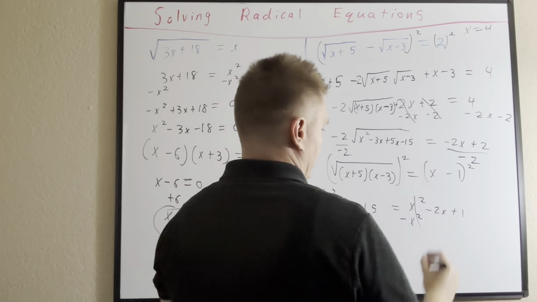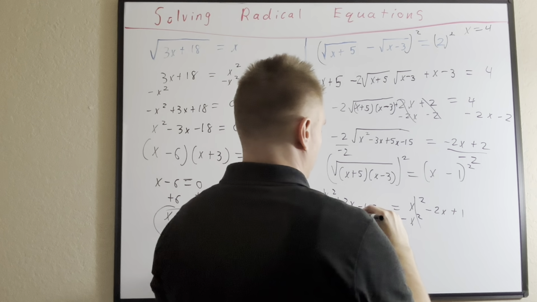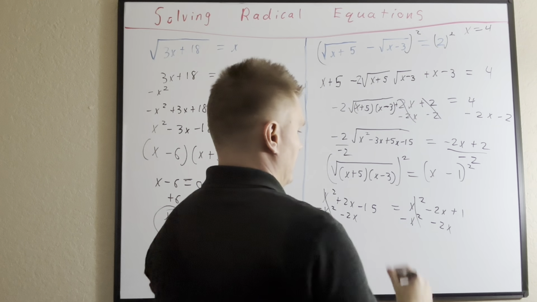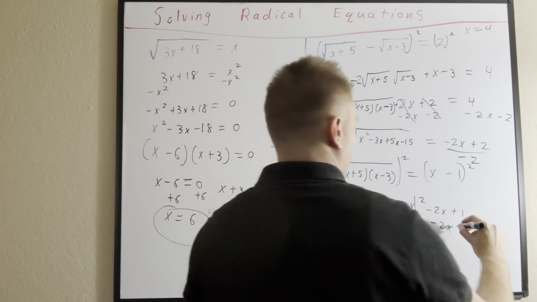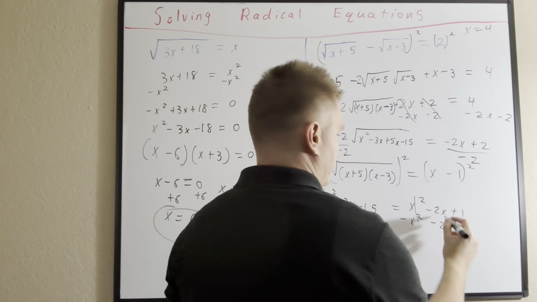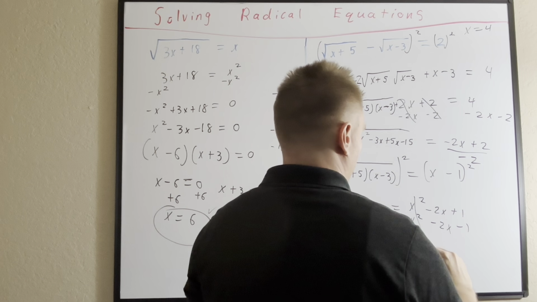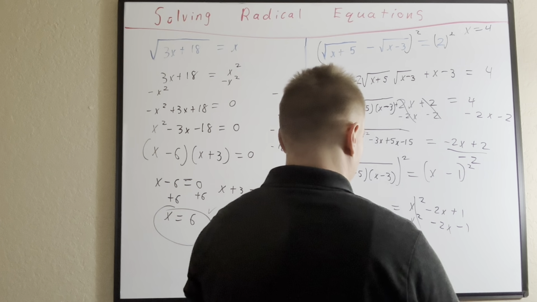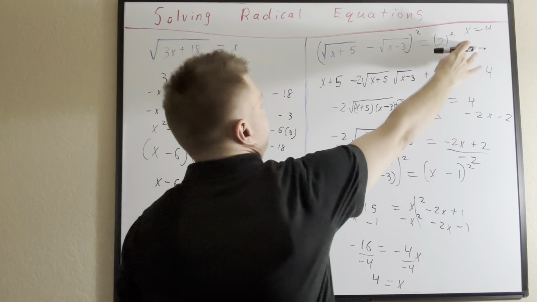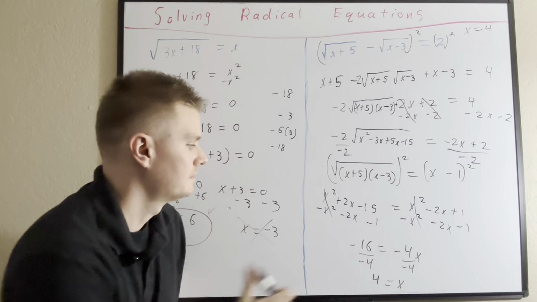Those both cancel out. That was easy. Subtract 2x from both sides. Ooh. That didn't change much. Subtract 1 from both sides. We get negative 16 equals negative 4x, divided by negative 4 on both sides. And we get x equals positive 4. So either way, it works.